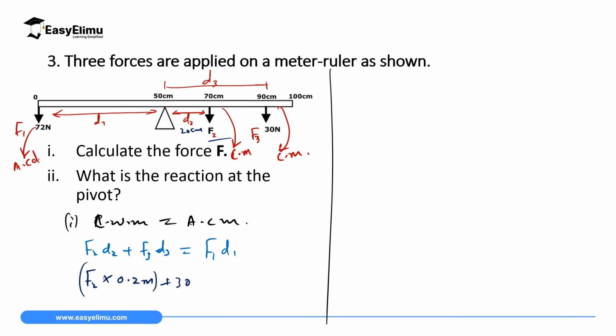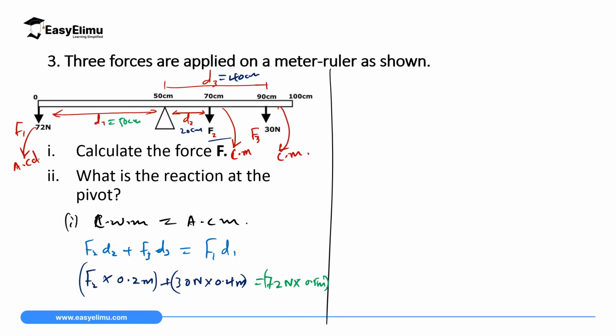F3 is 30 newtons, times D3, which is 90 minus 50, here it is 40 centimeter, which is the same as 0.4 meter. Then it should be equal to the anti-clockwise moment, which is 72 newtons times D1. D1 is 50 minus 0, which is 50 centimeter, the same as 0.5 meter.